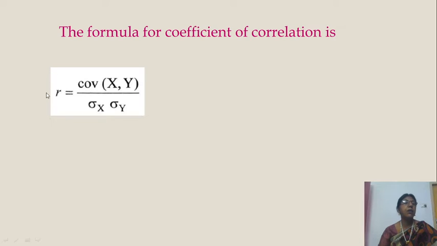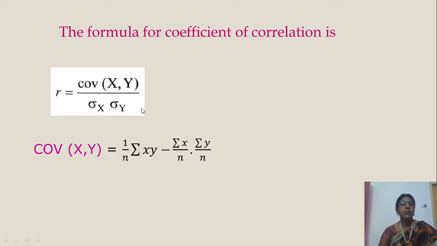This is the fourth formula for the coefficient of correlation. We use it only when the covariance of the two variables x and y is known; this one is the standard deviation of x and this one is the standard deviation of y. In the numerator we have the covariance of x and y. Covariance is 1 by n sigma xy minus sigma x by n into sigma y by n.